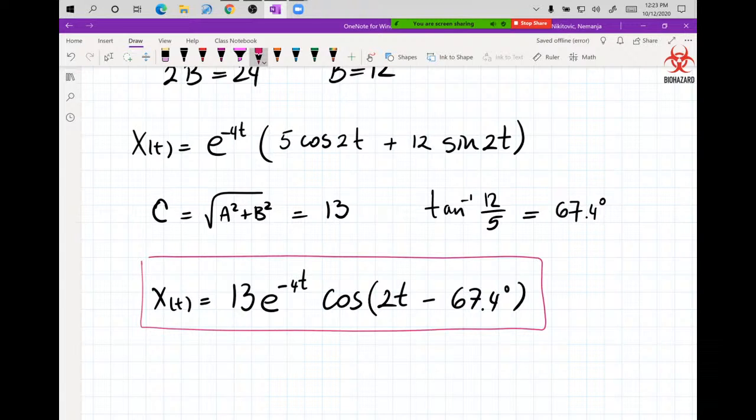So that would be the solution of our differential equation for the motion, right? And from that point, we are able to compute everything. Ta-da! That's it. I hope you're not disappointed.